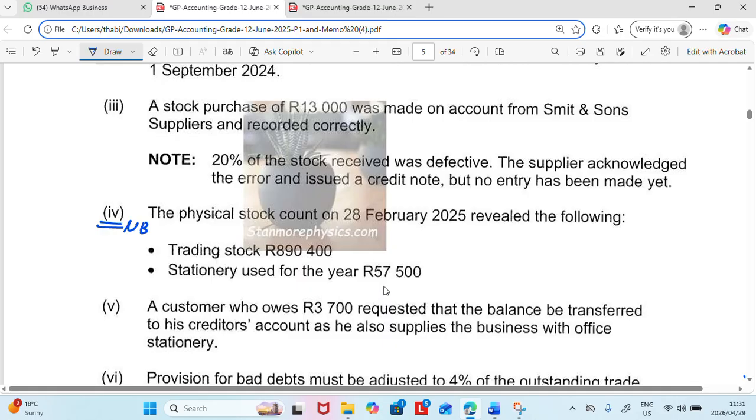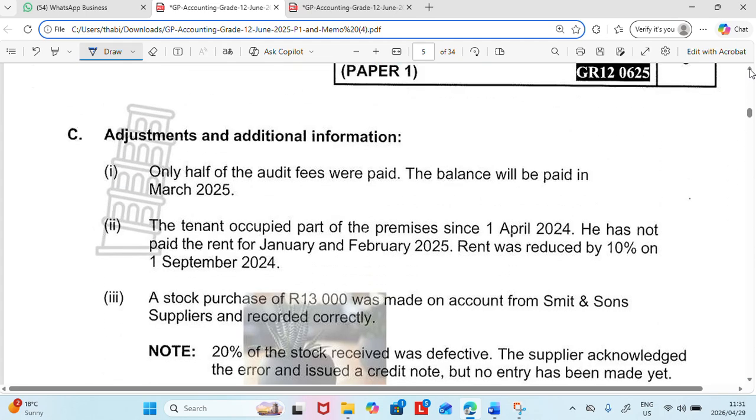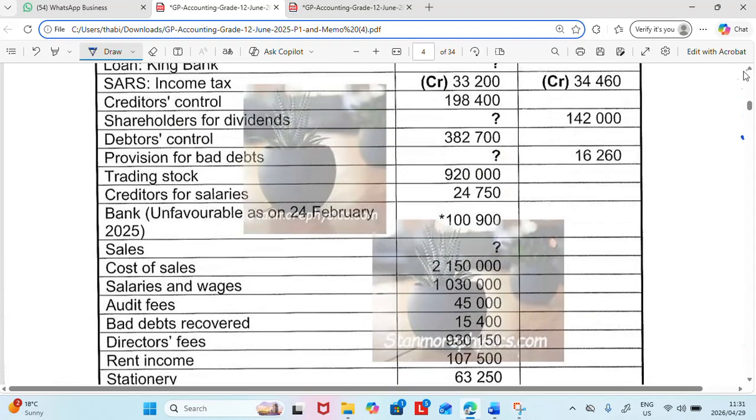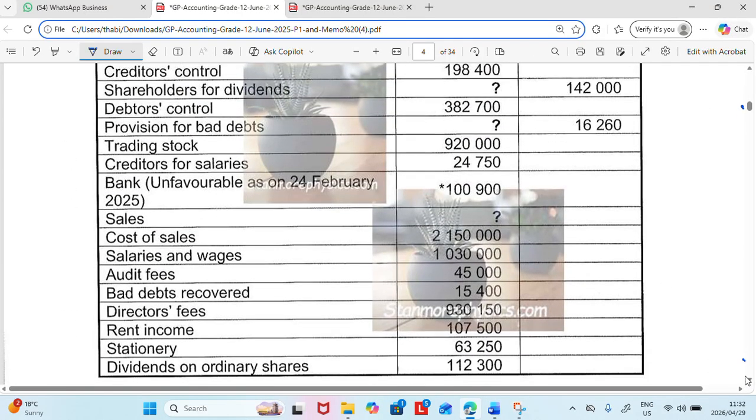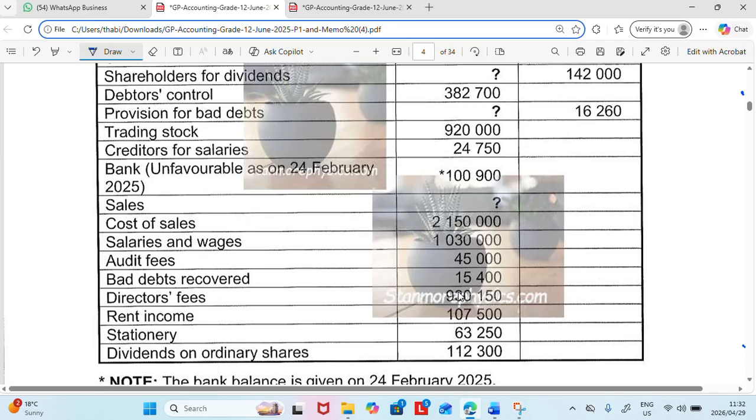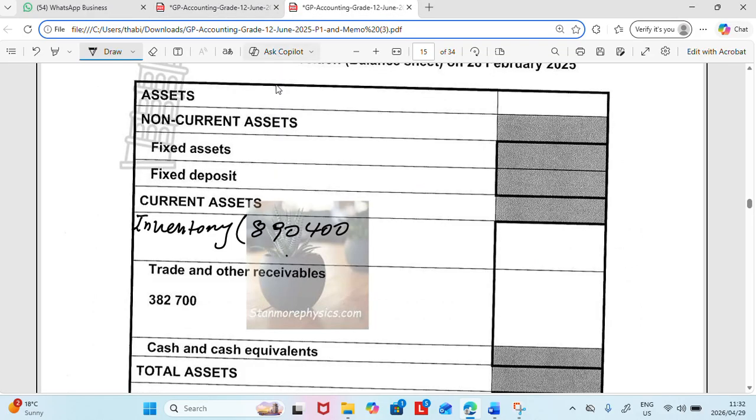If we're given on hand here, we're just going to take the trading stock, the physical stock of 890,000 plus stationery on hand. But now we need to calculate on hand. How do we calculate on hand? Let's take the stationery used of 57,500. Check the value of our stationery from the list of balances, 63,250. So the difference between those two values will be the stationery on hand.